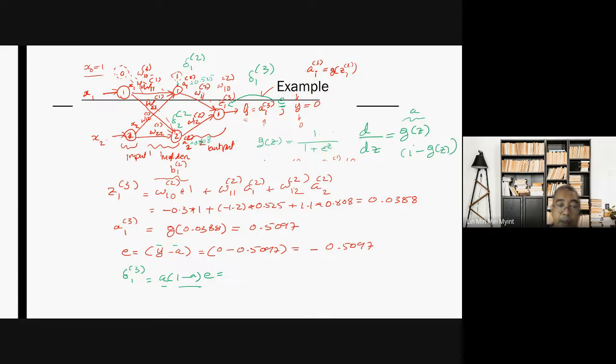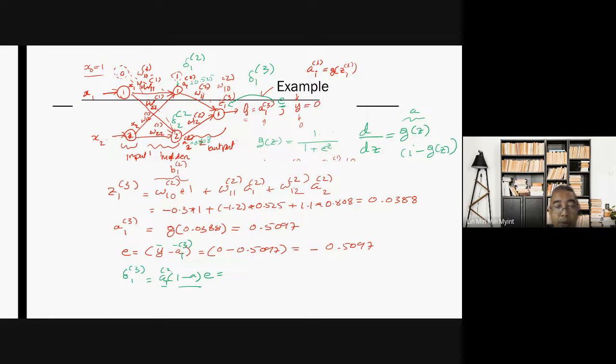So A1 minus A, actually let me write down that A with this value. This A is not just a normal A, this means 1, 3.